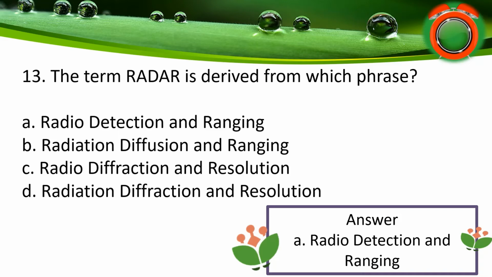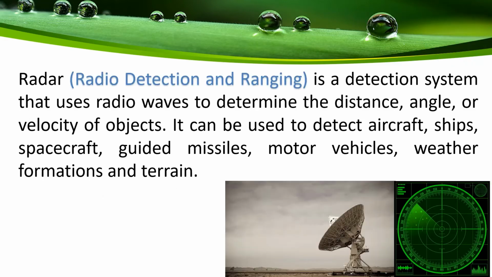Radio detection and ranging. Radar or radio detection and ranging is a detection system. Ito yung ginagamit or gumagamit ng radio waves para ma-determine ang distance, yung angle, or velocity ng object.